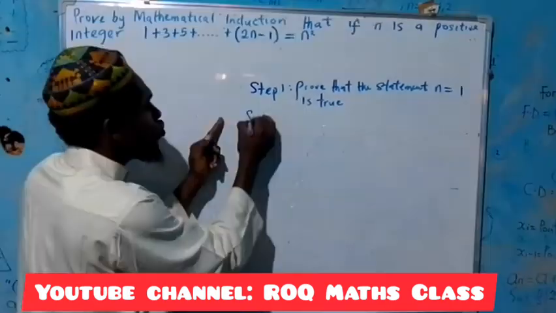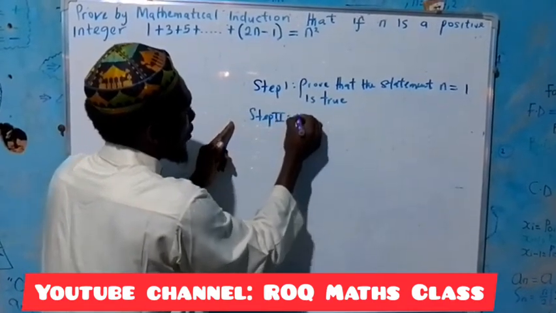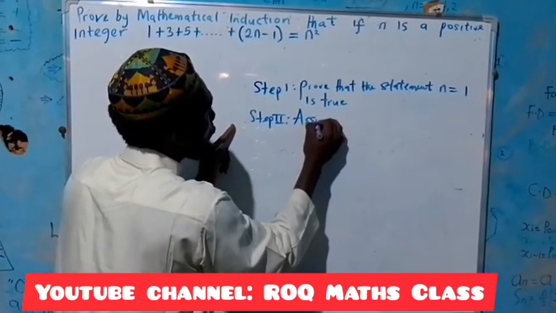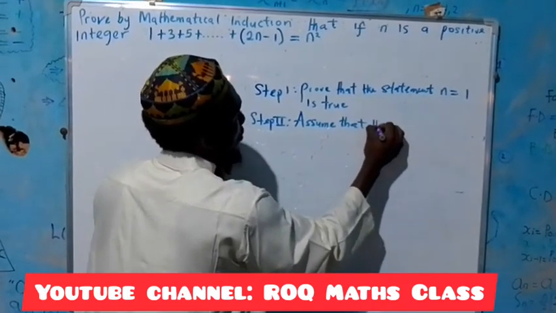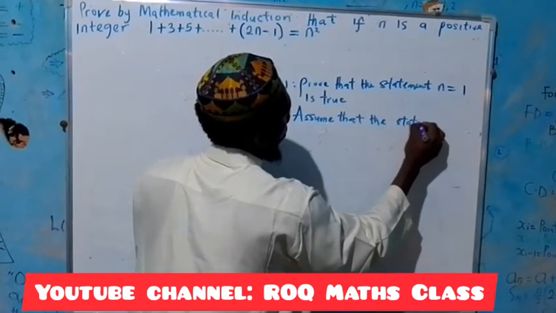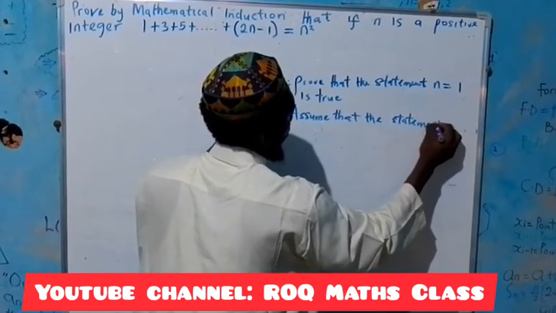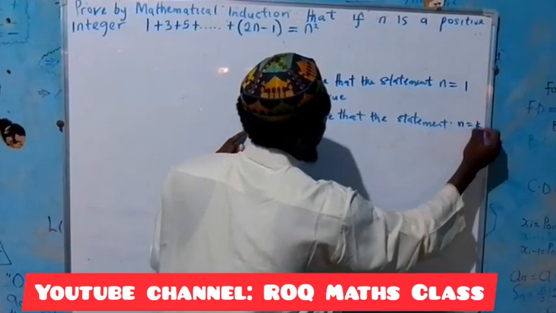Step 2: assume that the statement n equal to k is true.